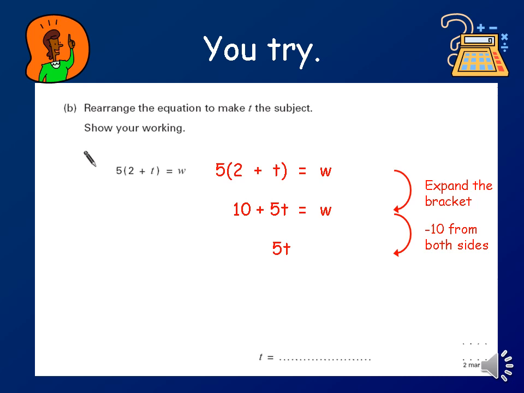And remember, we do the same on the other side. So it's w minus 10. So the t is still not on its own. It's got the 5, so we need to divide by 5. Okay, so t is on its own. And on the other side, it becomes w minus 10 divided by 5.